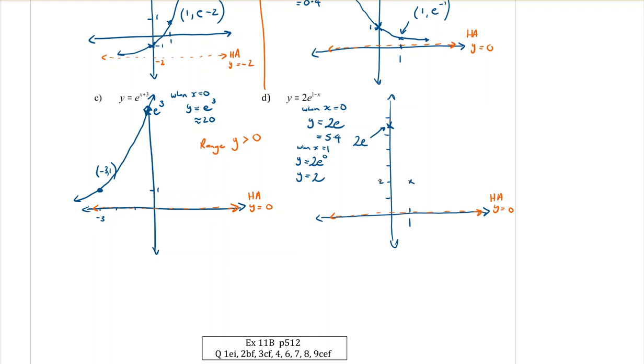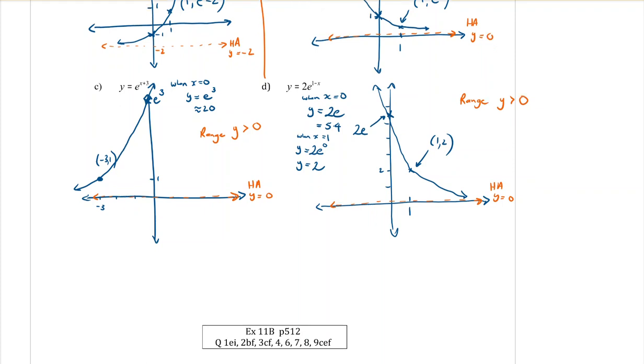There is my second point, and you can see here comes my exponential graph, which is going bigger to smaller, so it has been reflected, moved sideways, and made steeper. Just don't forget to label this point here. So it's 1, 2. The range of this last graph is still y is greater than 0. Okay, so that's it. You need to have a look at the questions in exercise 11b.